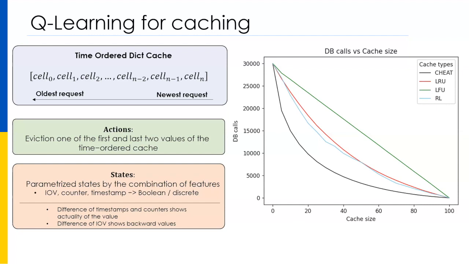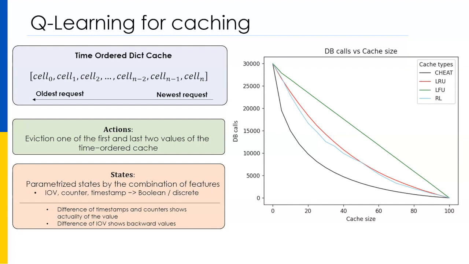For example, in our case, it's in Boolean or discrete format because we're trying to reduce runtime as much as possible. Also, the difference of the timestamps shows us the actuality of the value, and the difference of IV shows us backwards values. So it's important to use them.